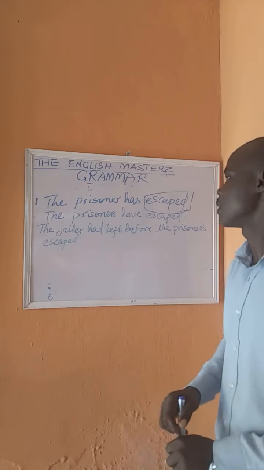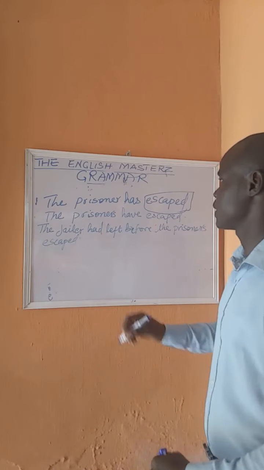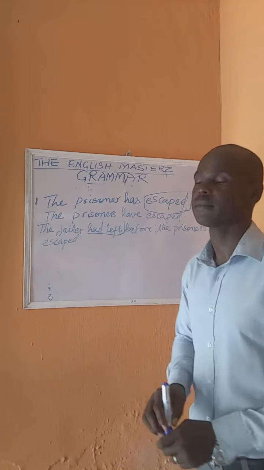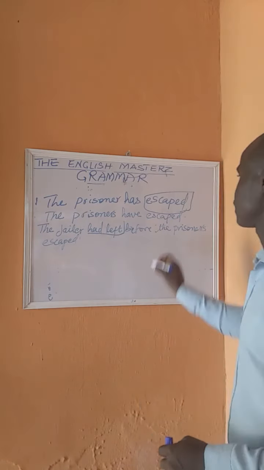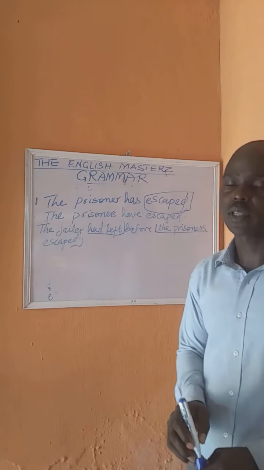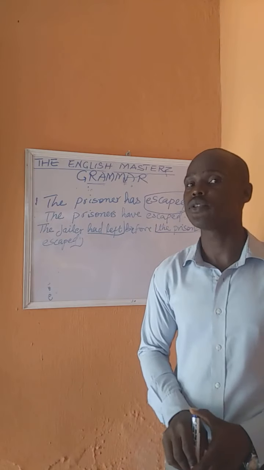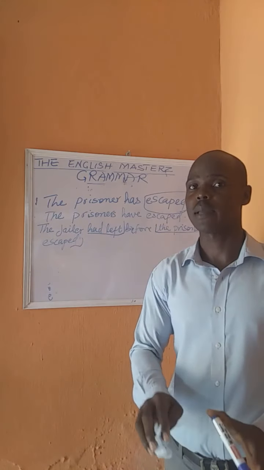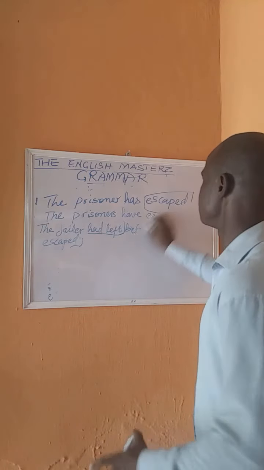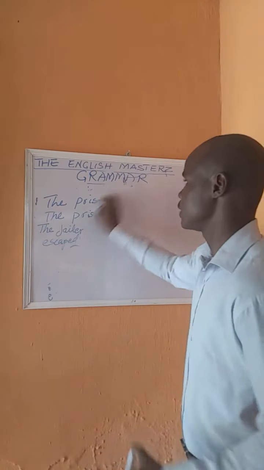The first part or the first clause ends here, left. The jailer had left. And then the second clause here, the prisoners escaped. So that is it. Now, that's how you use these three verbs for timekeeping function.